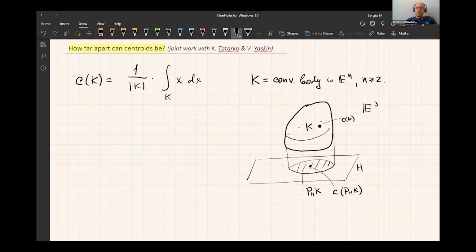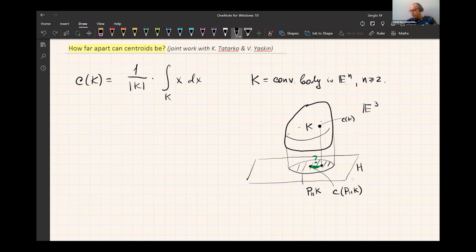What we're going to ask ourselves today is how far apart those two points can be. Not vertically, because that doesn't really make sense. But if we project this point on the same subspace, these two points are now in this plane, and we're wondering how far apart they can be.